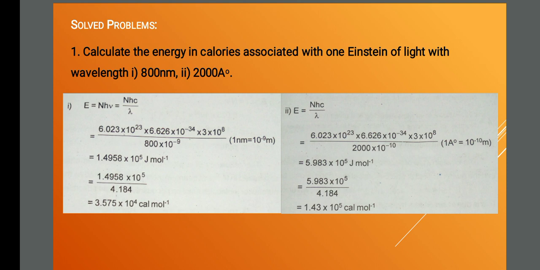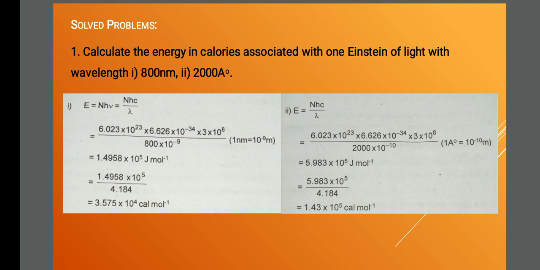For the second one, we have to calculate the energy using the same formula, but the wavelength is given as 2000 Armstrong. The only difference between the first and the second is that the first is given in nanometer, that is 10 to the power of minus 9 meter, and Armstrong is 10 to the power of minus 10 meter. 1 Armstrong is equal to 10 to the power of minus 10 meter.